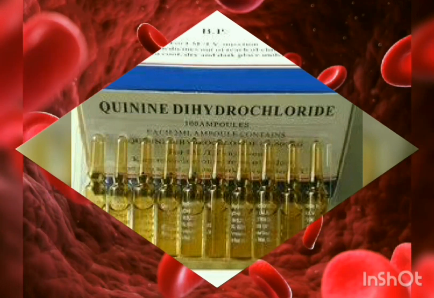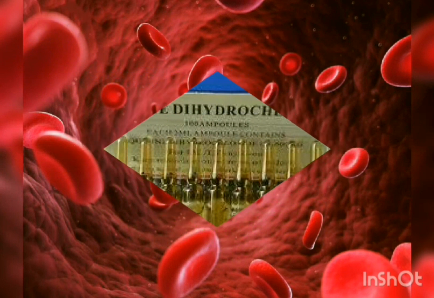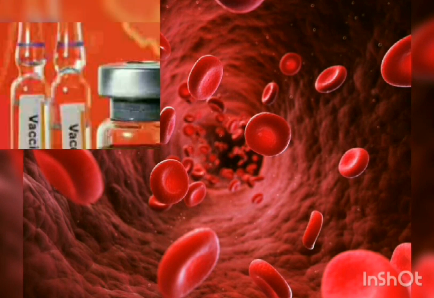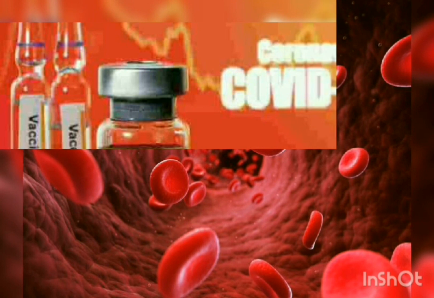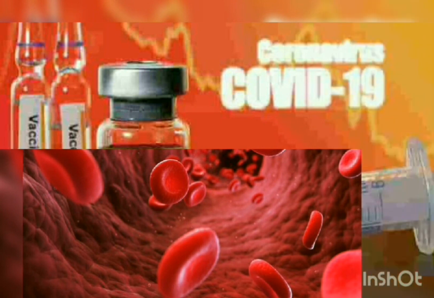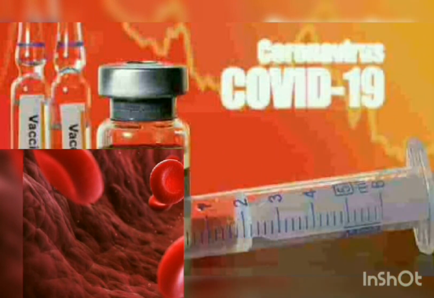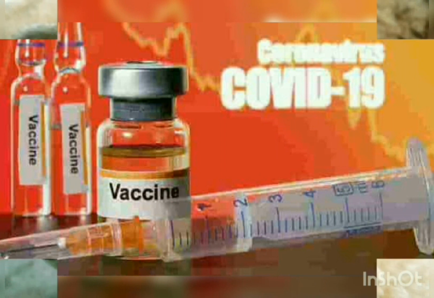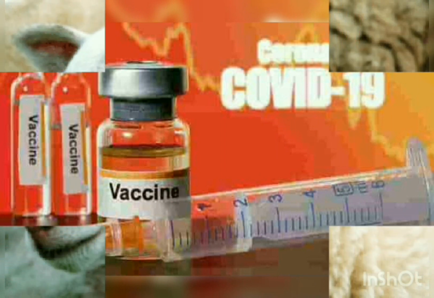Then animal sources. Animal sources, we have blood. Blood is a source of vaccines. Blood serum is used to manufacture vaccines, like the vaccine for COVID-19, AstraZeneca, is from blood serum.